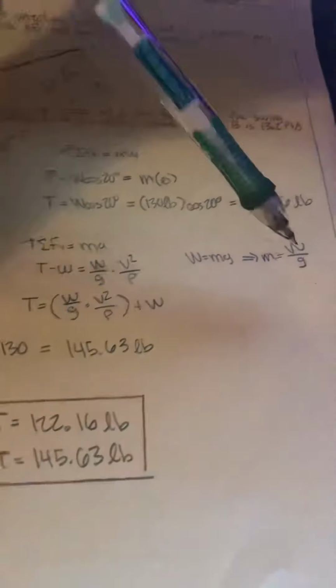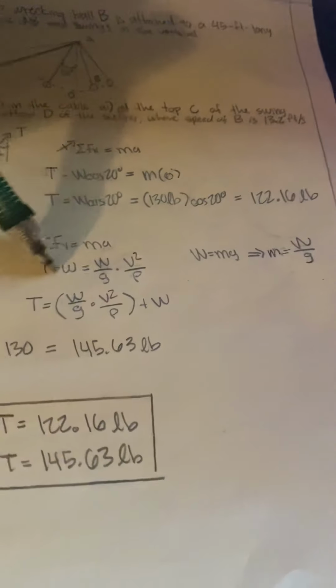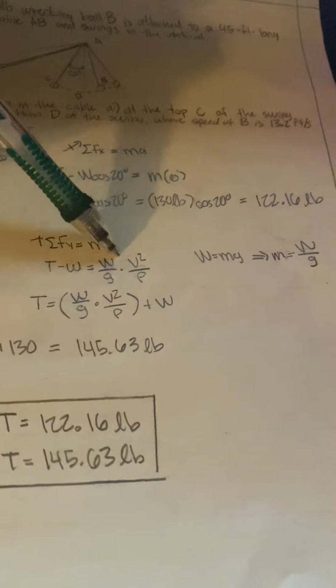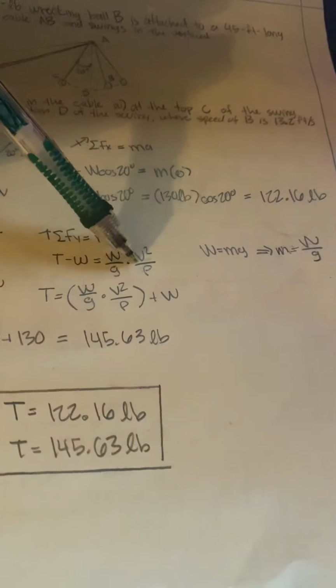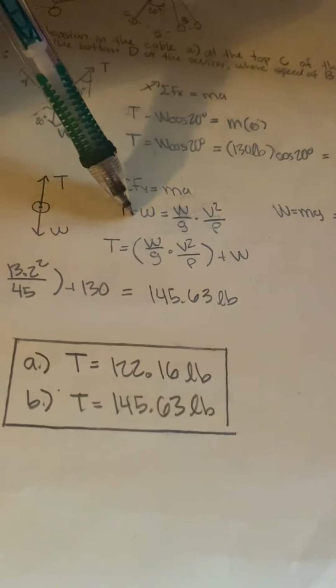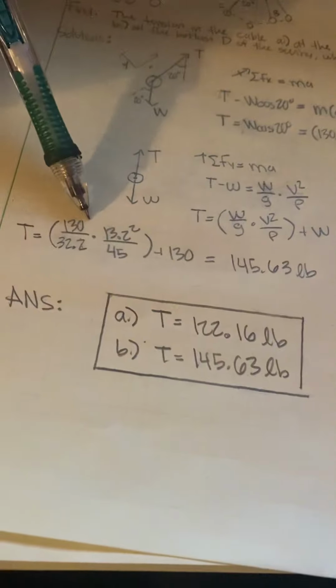We know that m is equal to W over gravity, so I substituted that for m. A, as we talked about before, is v squared over rho. Plug that in here and then get tension by itself. We just add the W to the other side, plug in the values, and we're given this for our answer.